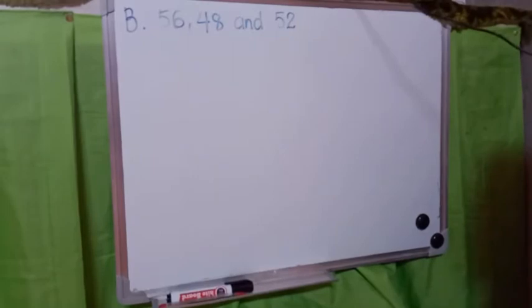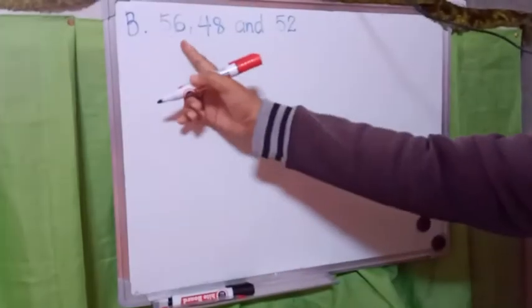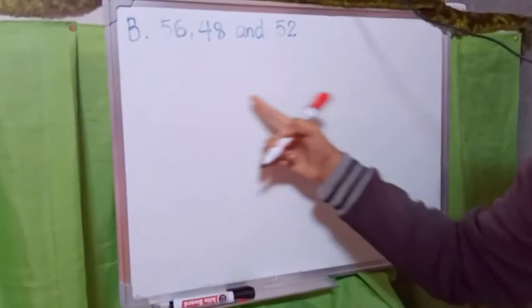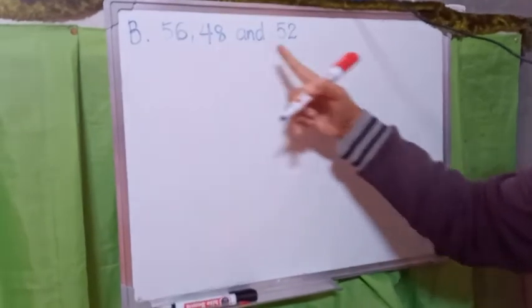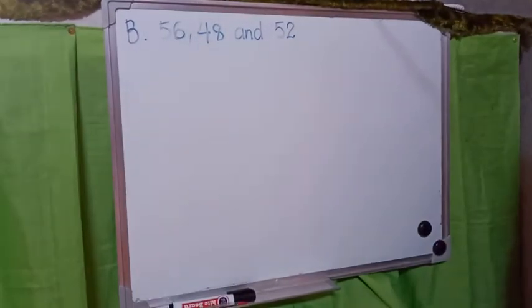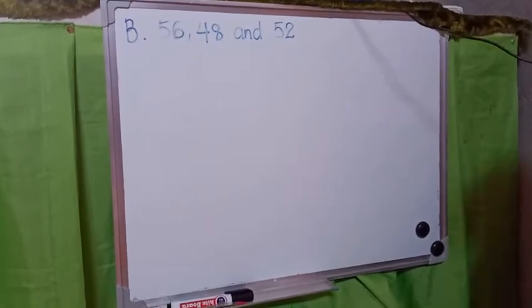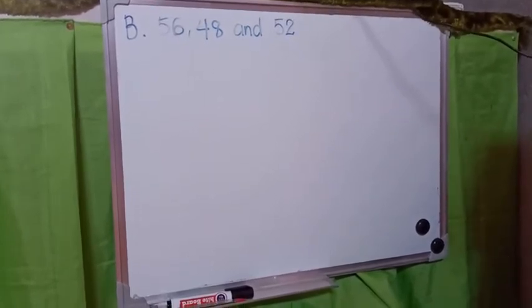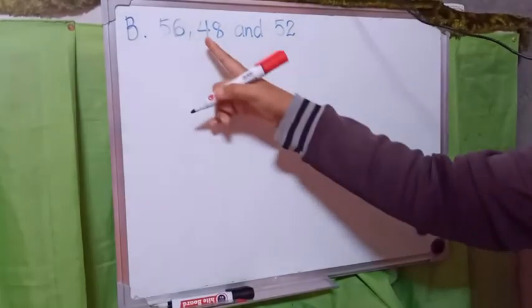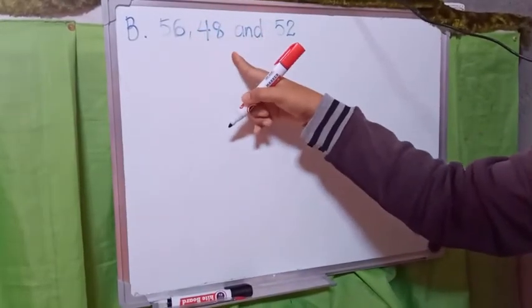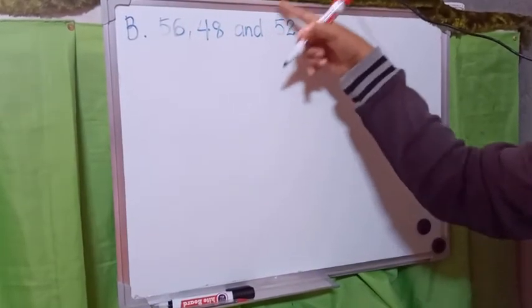Okay, so let's proceed with letter B. We have 3 numbers: 56, 48, 52. Again, we will start with the first and smallest number in order to find the greatest common factor. The smallest number there is 48 and the second would be 52.